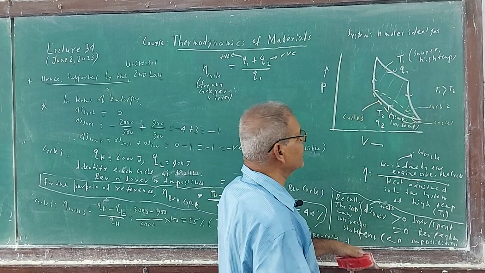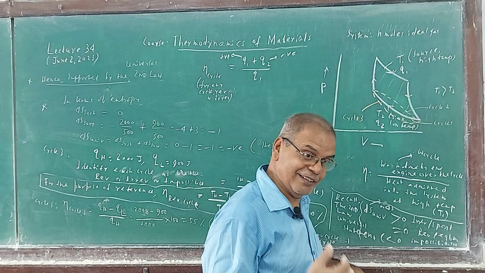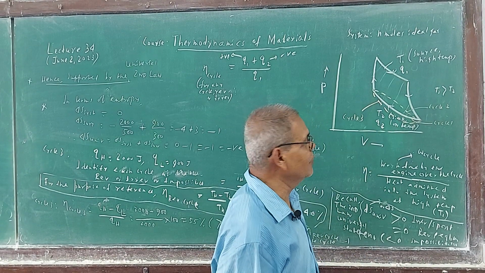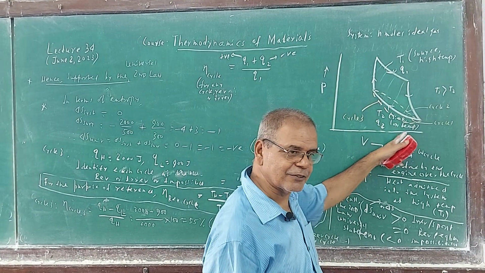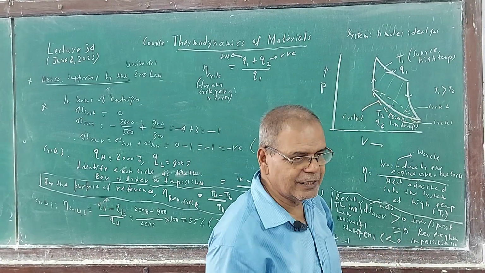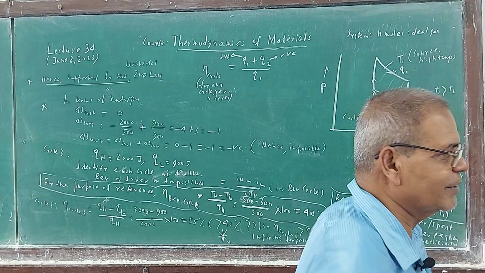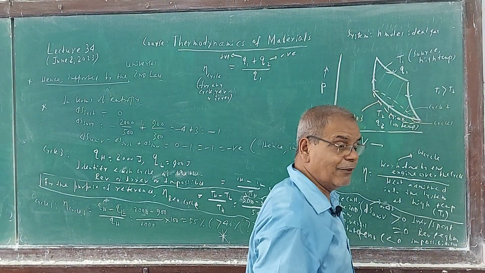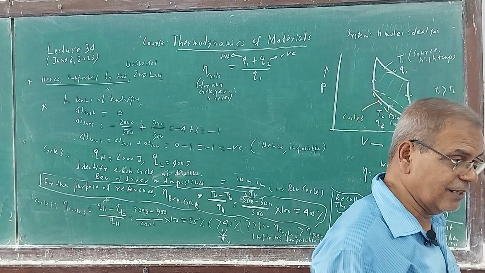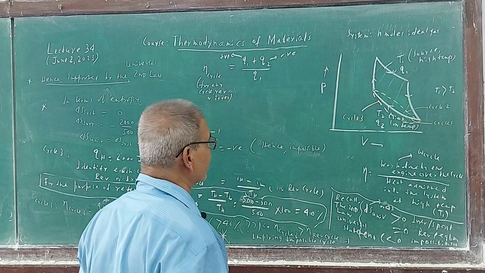The enclosed area is greater than the reversible itself, which is impossible. So that's why the cycle is impossible. Follow, the area is greater, you understood? When it is receding downward, the enclosed area is actually widening, becoming greater than the enclosed area of the reversible cycle. So efficiency is greater than reversible, which is impossible.